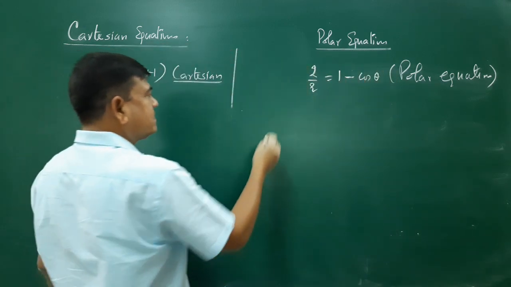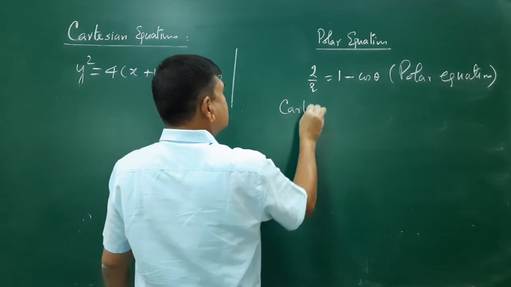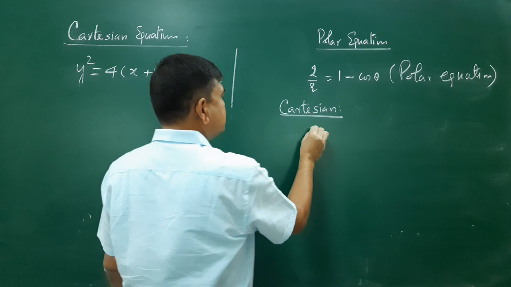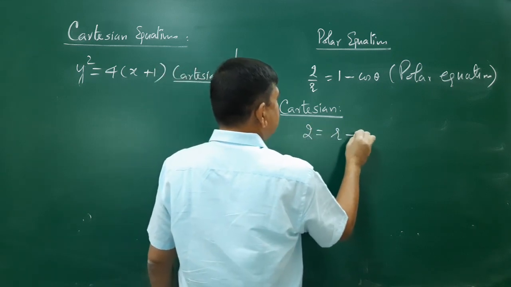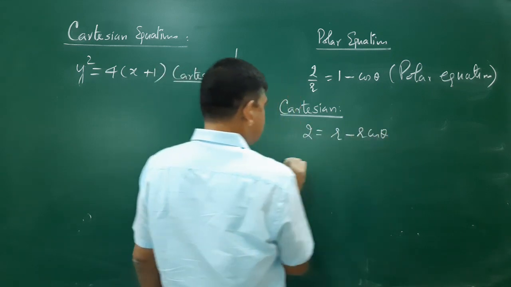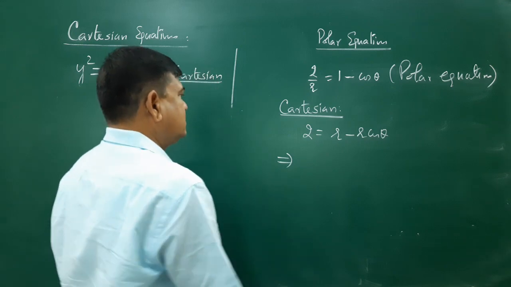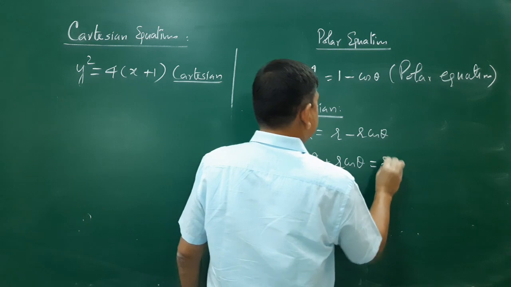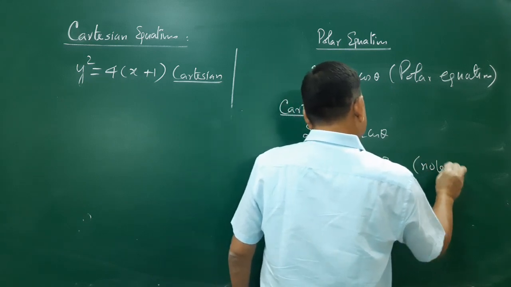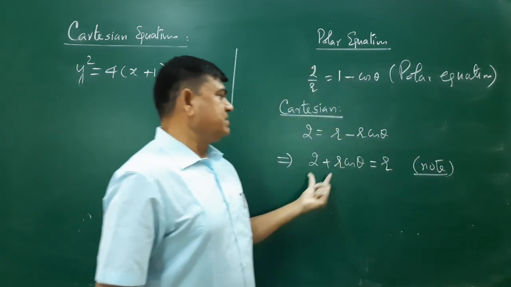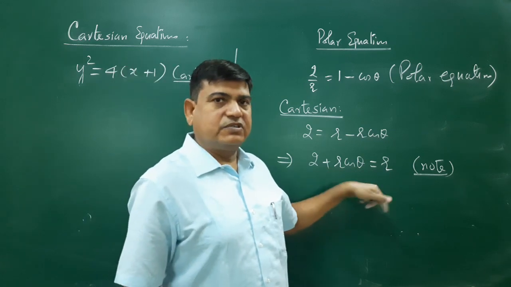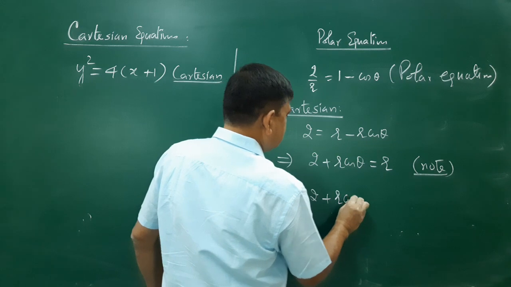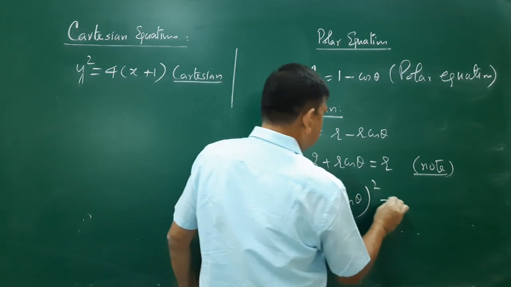So this is 2 equals r minus r cos theta. This is 2 plus r cos theta equals r. Note: transpose this to this side. Keep r as such, because when we square it, this is (2 plus r cos theta) whole square equals r square.